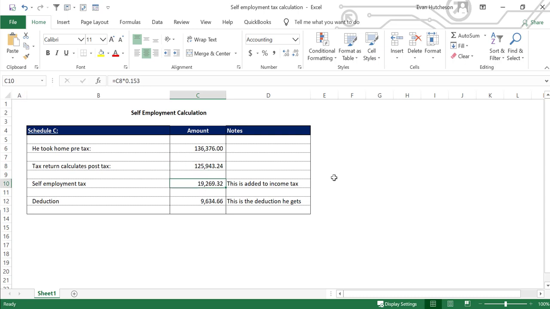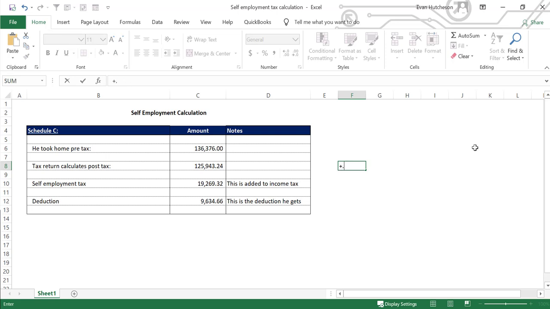So essentially 15.3% is 6.2% Social Security employee, Social Security employer, and 1.45% Medicare employee, Medicare employer. So that's 15.3%. So you're paying the employee and the employer portion after you get this base number.